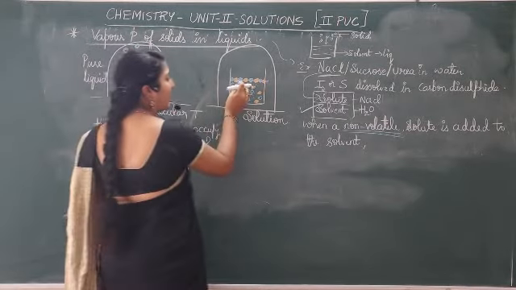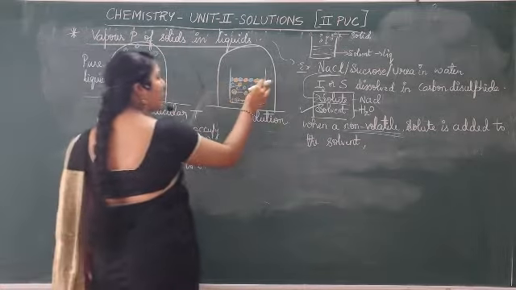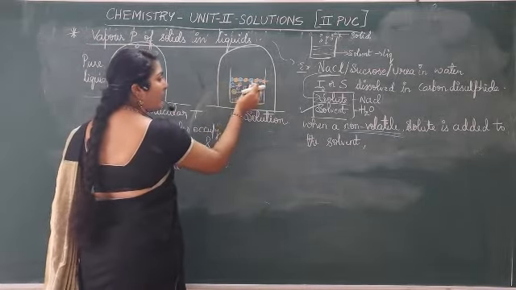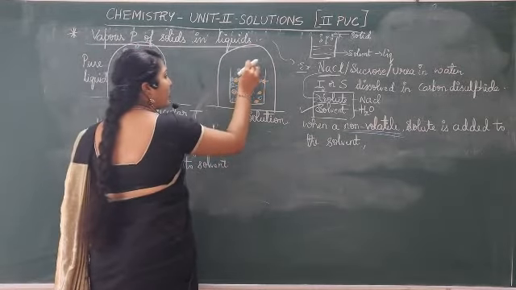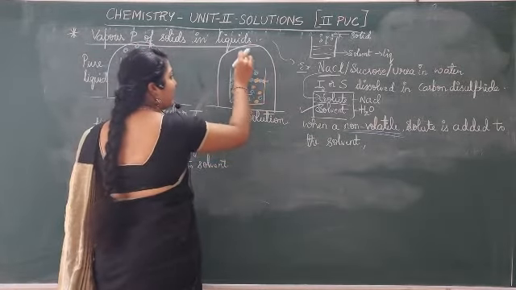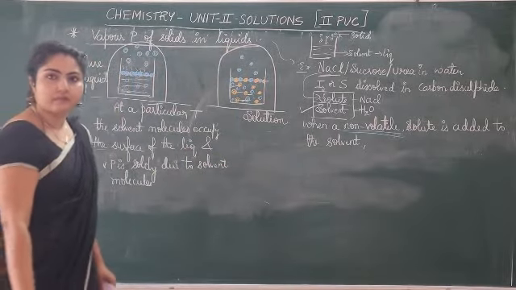Now what happens? See, the fraction of molecules, if you consider in the pure solvent and the solution, the fraction of solvent molecule is less. That means the vapor pressure also will be less compared to the pure solvent.